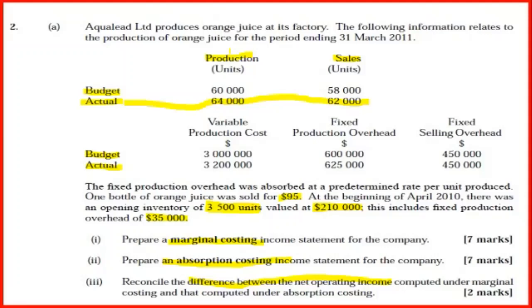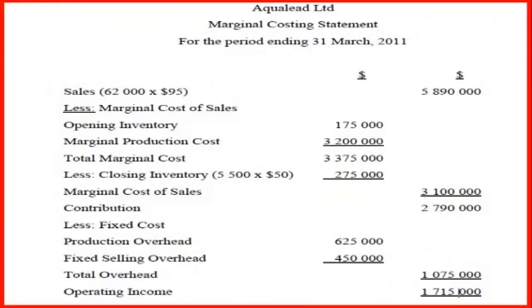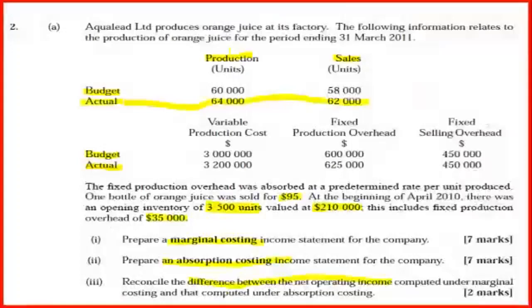Okay, so we look first at the marginal cost income statement. All right. The sales, we said we are going to do an actual, so it's 62,000 by 95, right?